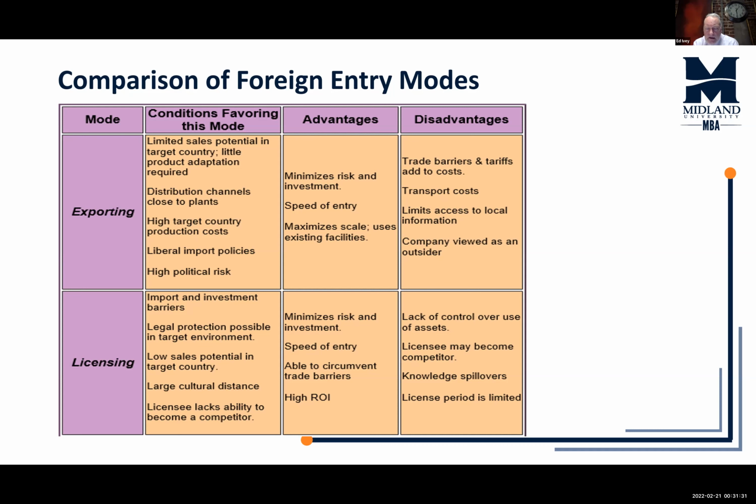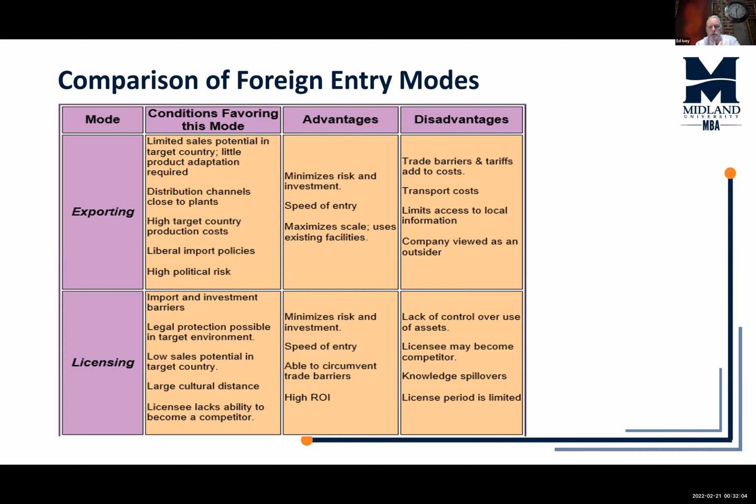But what are some of the advantages of licensing? Obviously, it minimizes risk and it minimizes your investment. The speed of entry is very quick. It's very easy to license your processes and allow someone in that target country to produce your product based upon your tried and true business practices.